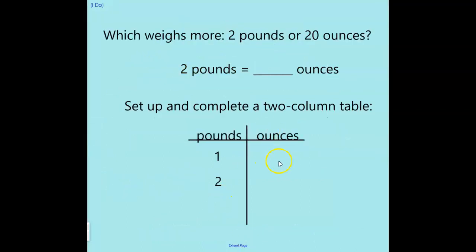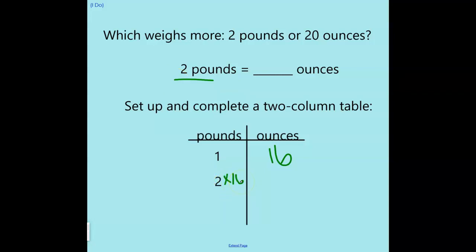I made my own conversion chart. Which weighs more, 2 pounds or 20 ounces? Well, on the anchor chart, what did we say? How many ounces is in 1 pound? Good. There are 16 ounces in 1 pound. Just like we did with length and with time, we now know what to do to solve for 2 pounds. We would do 2 pounds times 16.